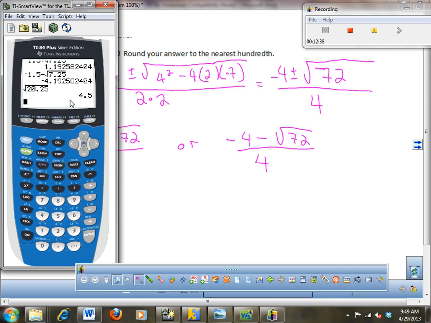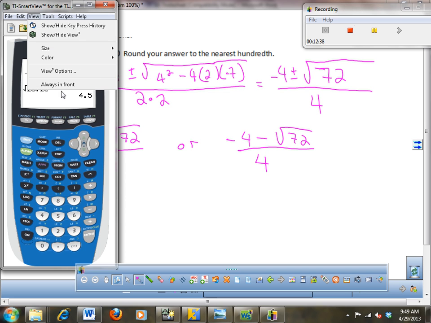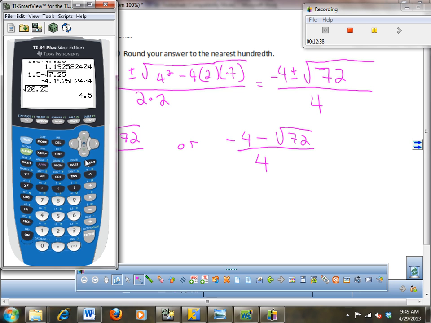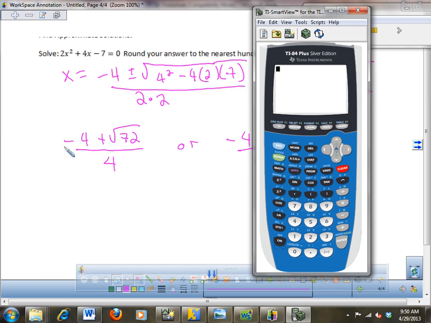First I have to go view, always in front. Alright. And so I'm going to go, the first one is going to be negative 4 plus the square root of 72. So it's negative, this is a negative sign down here, not this one. So negative 4 plus, and in this calculator I could just go second square root of 72.